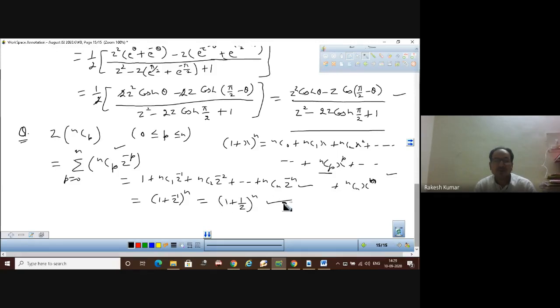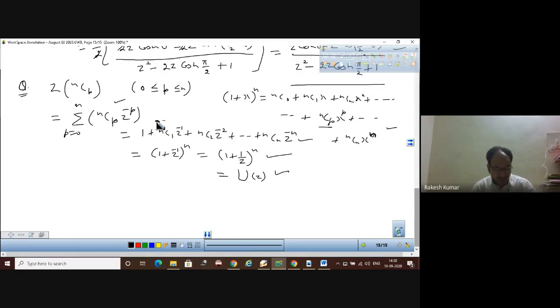So this is a function of z. You can write down this is a function of the z variable. So this is the z transformation. Any type of question on binomial coefficients may also come to find out the z transformation.